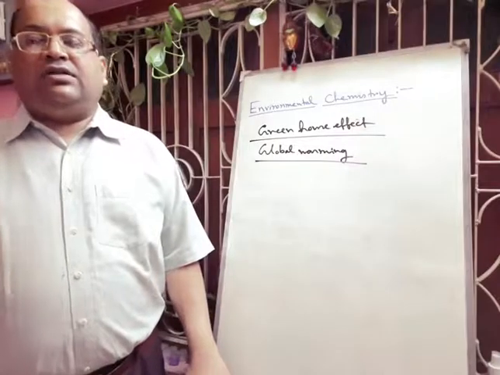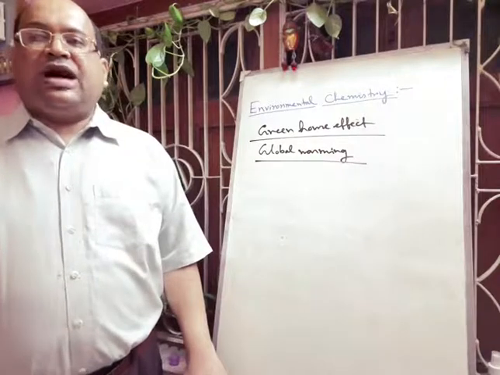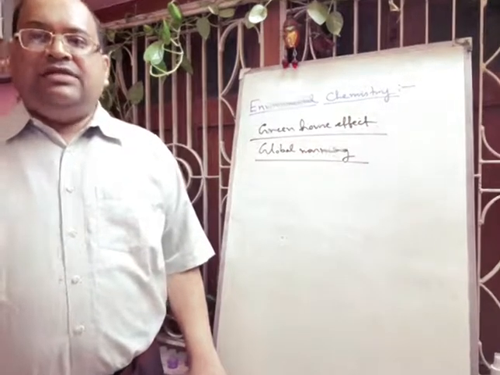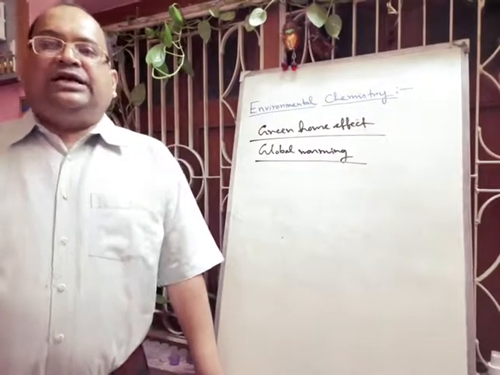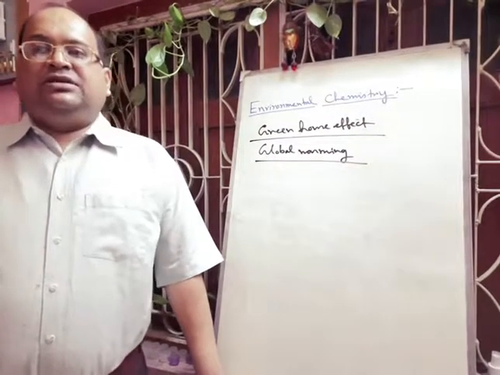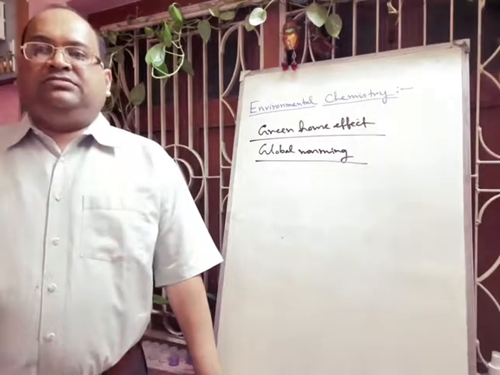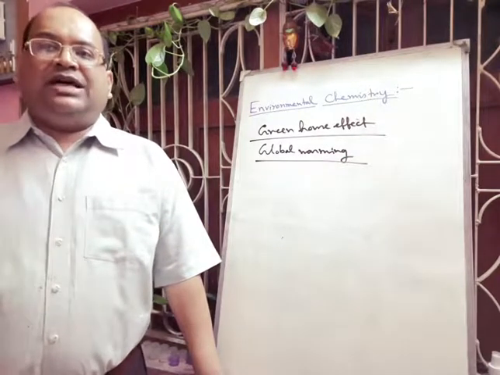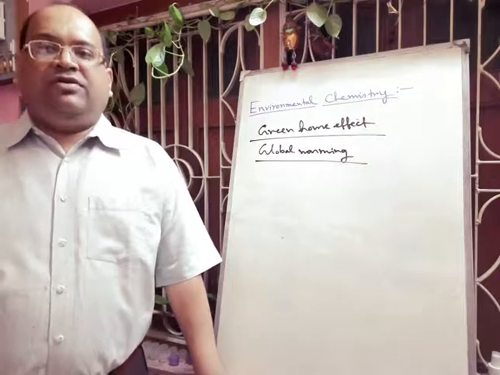About 80 to 90% of Earth's natural greenhouse effect is due to water vapor, a strong greenhouse gas, and the remainder is due to carbon dioxide, methane, and a few other gases like oxides of nitrogen and chlorofluorocarbons.